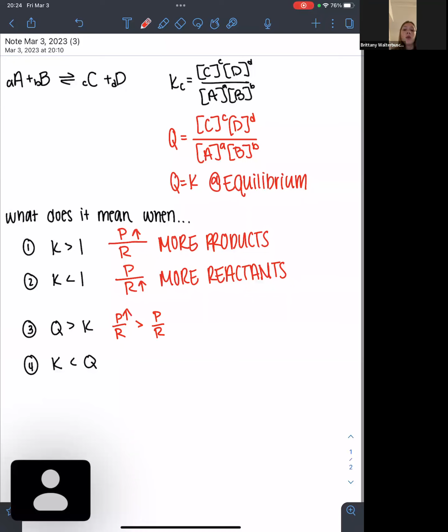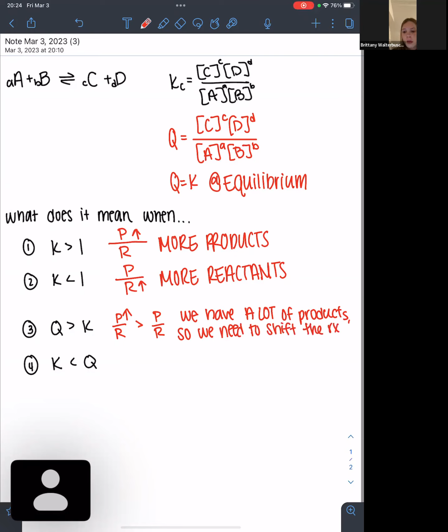So what does Q greater than K mean? It means at the moment we have a lot of products, so we need to shift the reaction to the reactants.